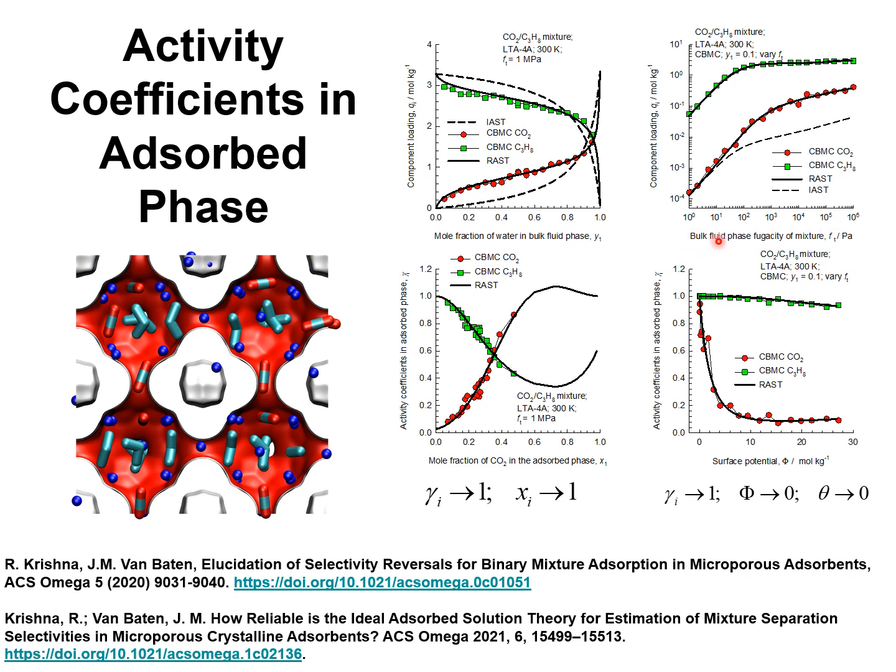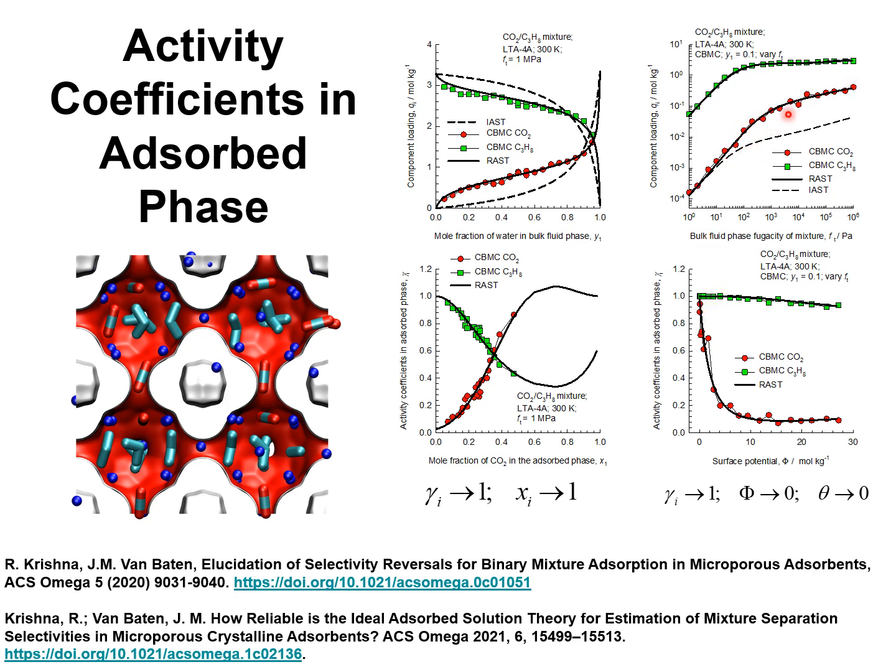With increasing bulk phase fugacity, the pore occupancy increases progressively, and we see here that the IAST predictions become increasingly poor, especially for CO2.